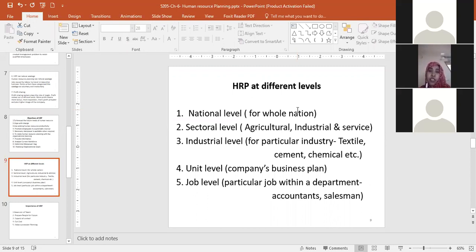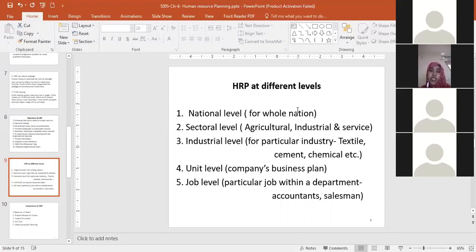Ma'am, national level, sectoral level, which means agriculture, industrial level, unit level, job level. HRP at different levels: there are five. One, national level, for the whole nation. Two, sectoral level: agriculture, industrial and service.